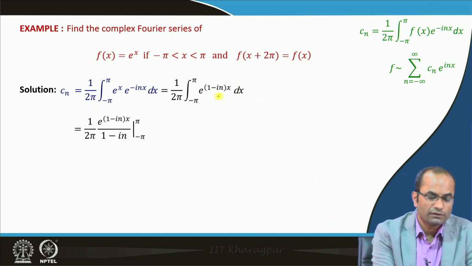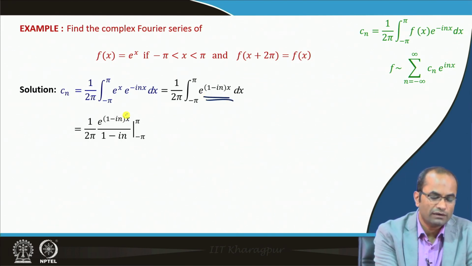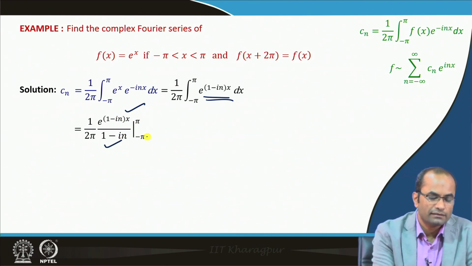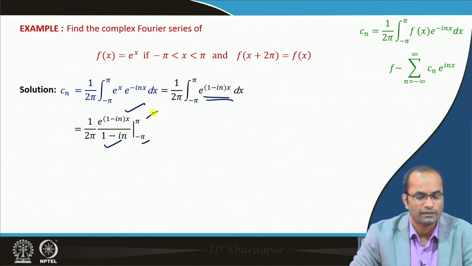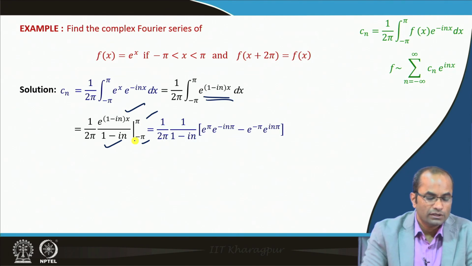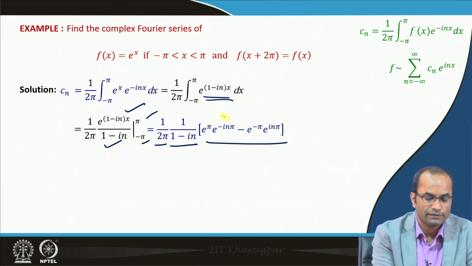So, now the integral of this is also easy. We have e^((1 - in)x) divided by (1 - in), and then this x will vary, with the upper limit pi and the lower limit minus pi. So, here again we have 1 over 2 pi and then 1 over (1 - in), and here we have substituted pi for x.